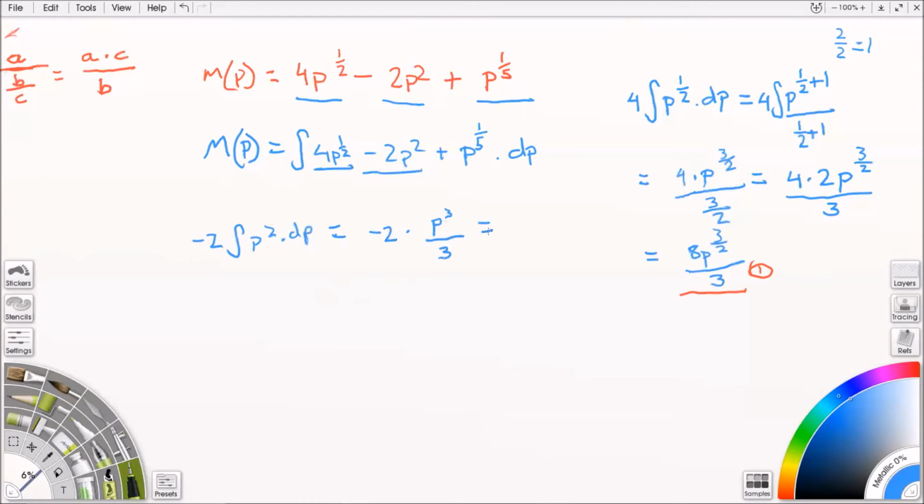And that then equals negative 2 on 3 P cubed. There we are. And now I'm just going to highlight that. Second.